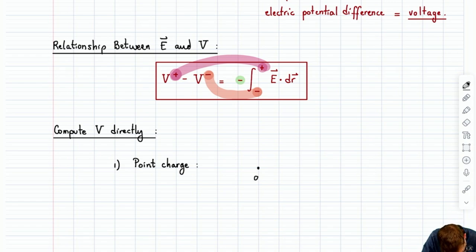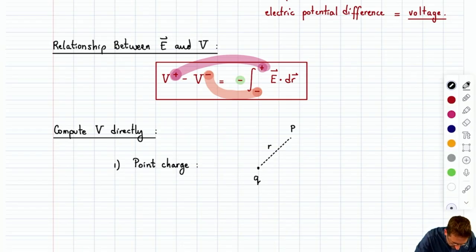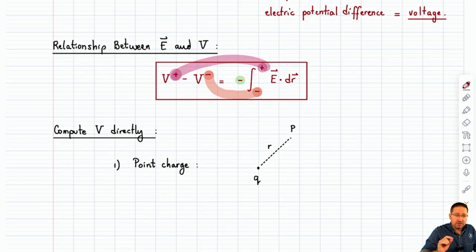So if this is a point charge Q, and this is a location, a distance r away, so this is a point P, but there's nothing at P, right? It's just a location in space. Then the same way that I know the electric field created by a point charge, I'm going to be given the electric potential created by the point charge.